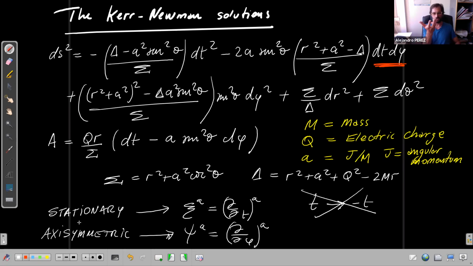So you have a ball rotating in one direction, it would just rotate in the opposite direction under the reversal of time. And because rotation gravitates in general relativity, this metric cannot be time symmetric.